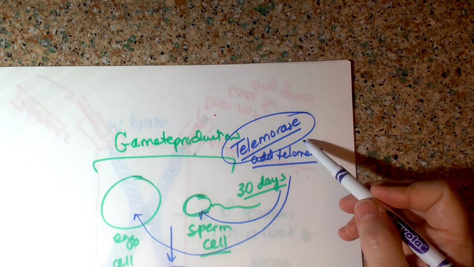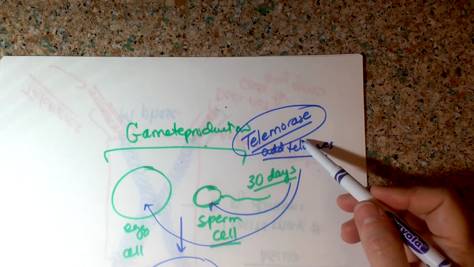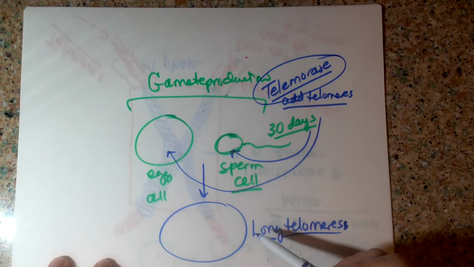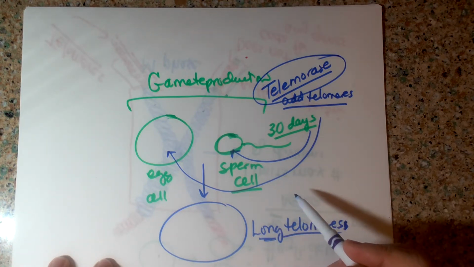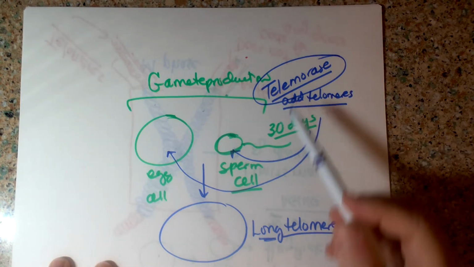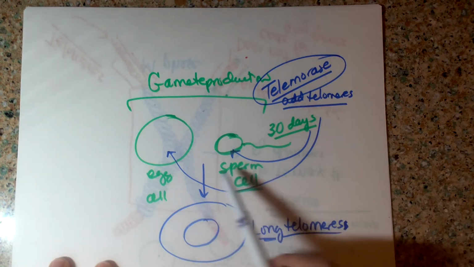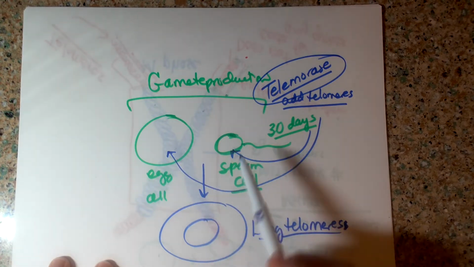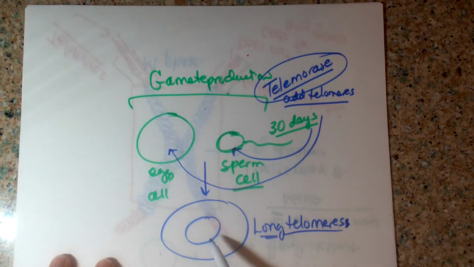It's there. So it's possible that we could potentially add telomeres to our chromosomes. The problem is you have billions of cells in your body, and you would have to do it to a lot of cells. So the science would be more appropriate if you take an egg cell or a sperm cell, measure and add the telomeres to those cells, and then you get a cell with extra long telomeres.